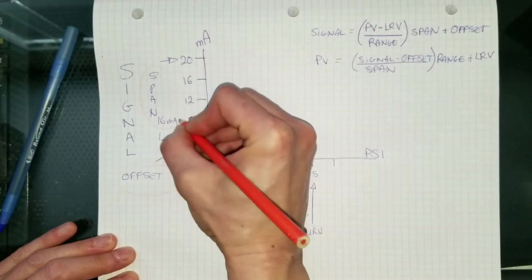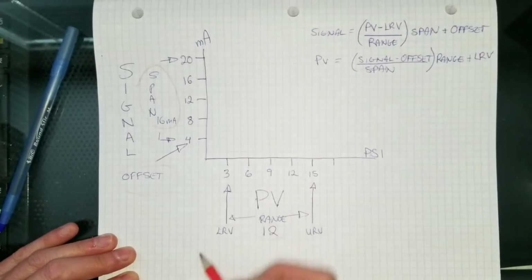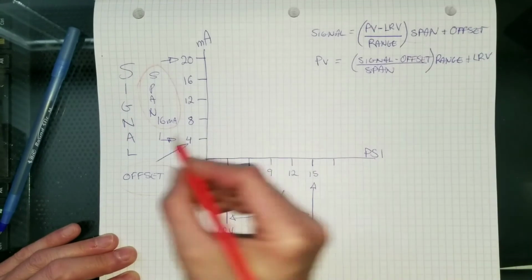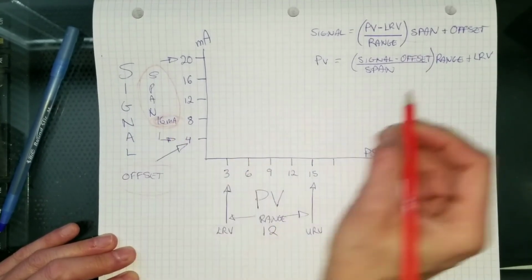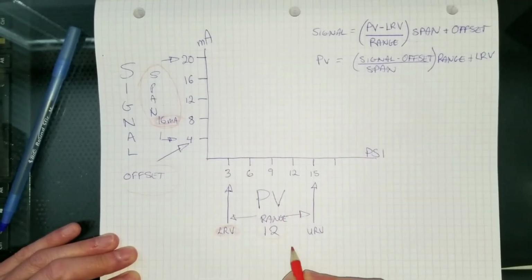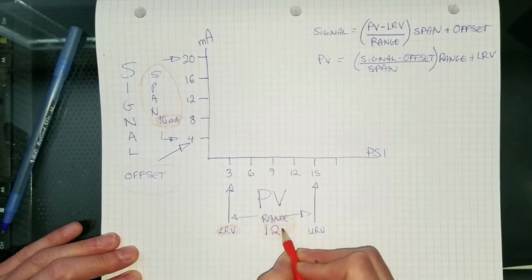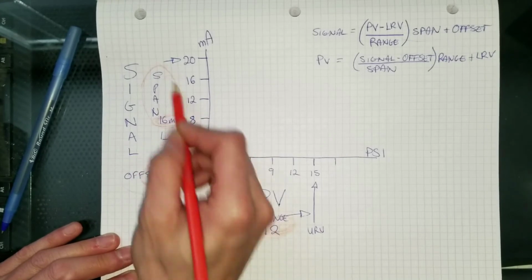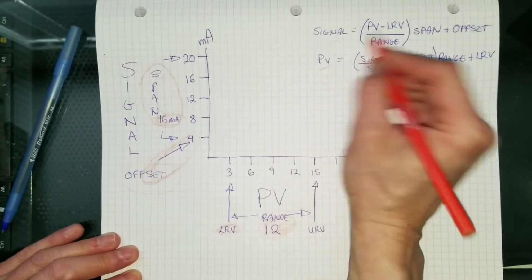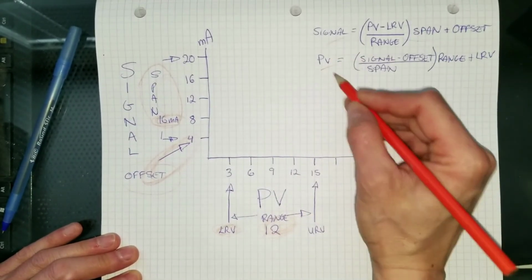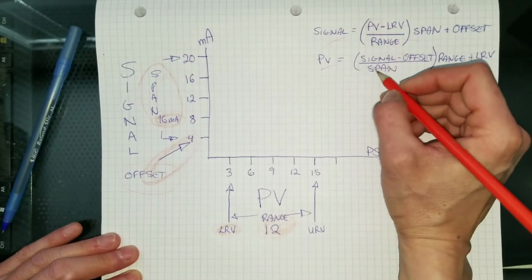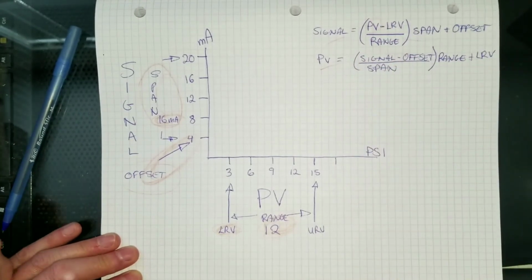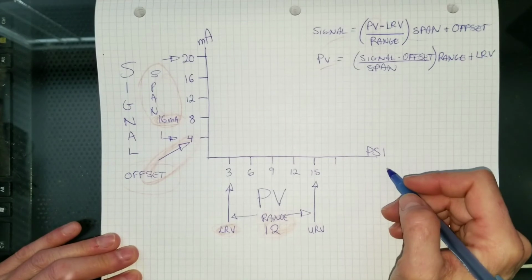So just so we understand what we're looking for here, the span here would be the 16 milliamps here, right? So we've got lower range value, range, offset of 4, and span. And these are the values we'll be looking for when these values are given. So let's just do a couple of examples right here.